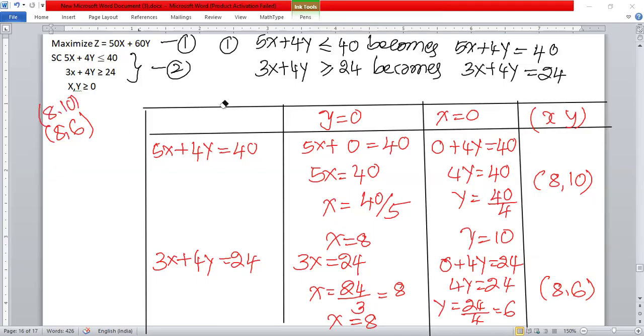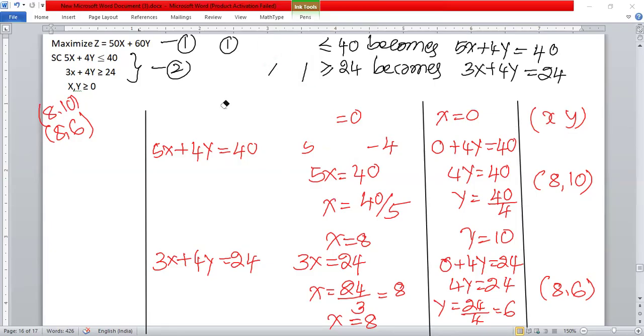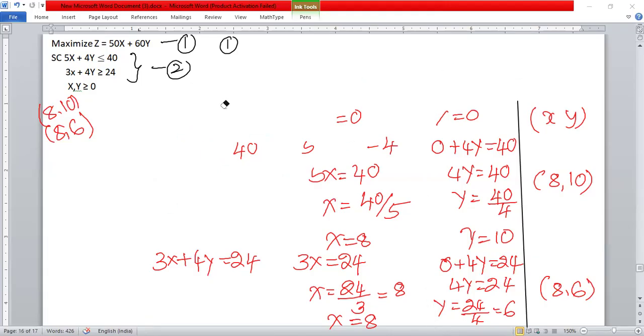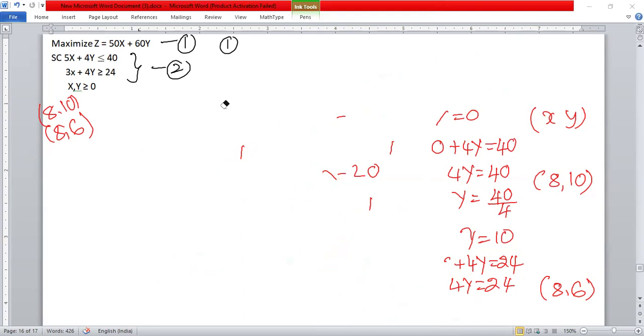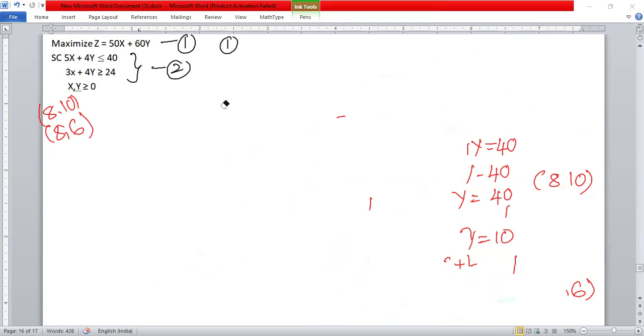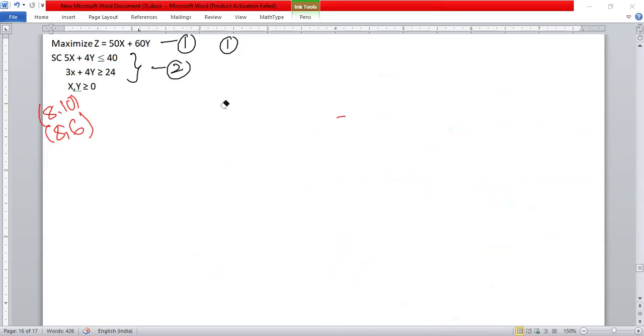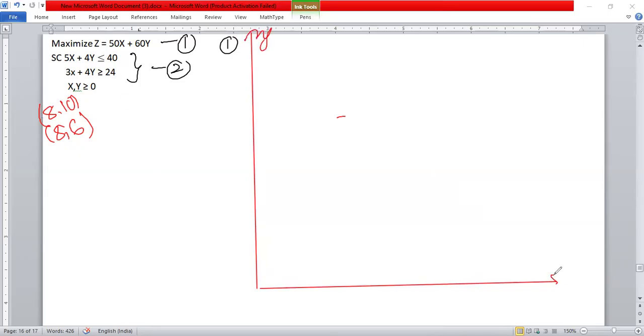Okay. Now we can go through step number 2. So that is draw the graph. So y-axis, x-axis.